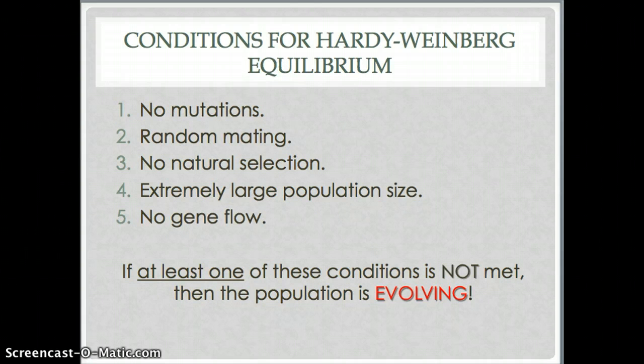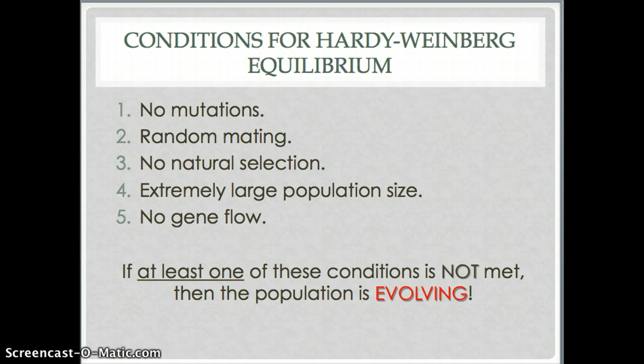The conditions for the Hardy-Weinberg equilibrium to be achieved are the following. Number one, there will be no mutations within the population. Two, there will be random mating. Three, there will be no natural selection. Four, extremely large population size.